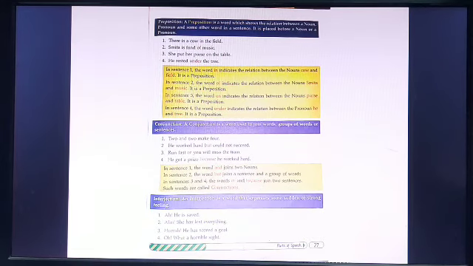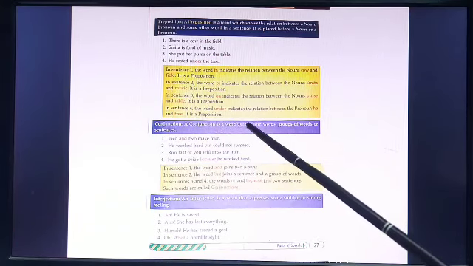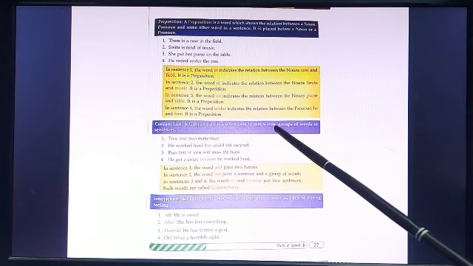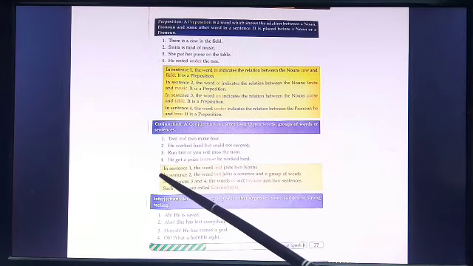Then we have conjunction. It is very easy, that is the joining of words or sentences or groups of words. Like Ram, Sita, Gita. So how will you put it together? Ram, Sita and Gita. We are putting it together with a conjunction called and. A conjunction is a word used to join words, groups of words or sentences.